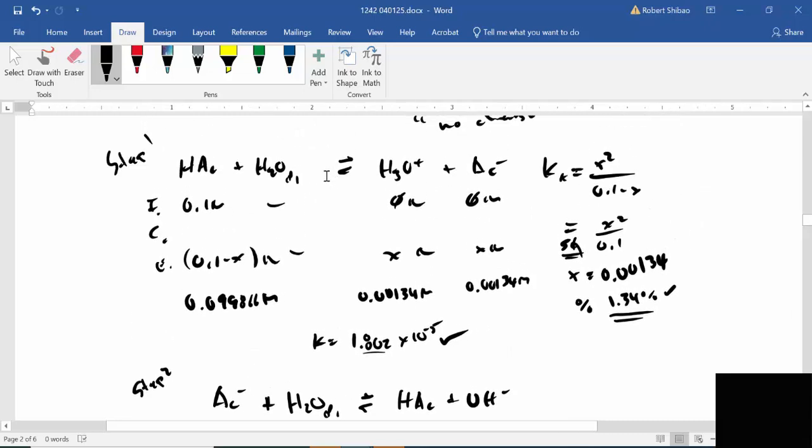What do you notice about step 1 and step 2? Rebecca? Yeah, one is producing hydronium, the other is producing hydroxide. So should I calculate both and then cancel them out, or what should I do?